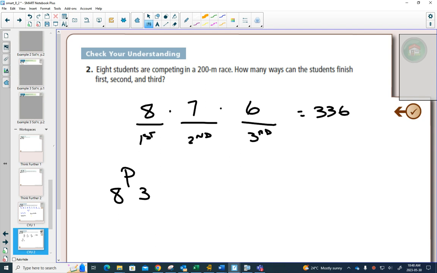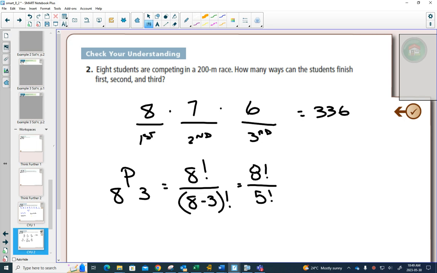According to the formula, this would be 8P3, and the formula says it's equal to 8 factorial over (8 minus 3) factorial, which would be 8 factorial over 5 factorial.